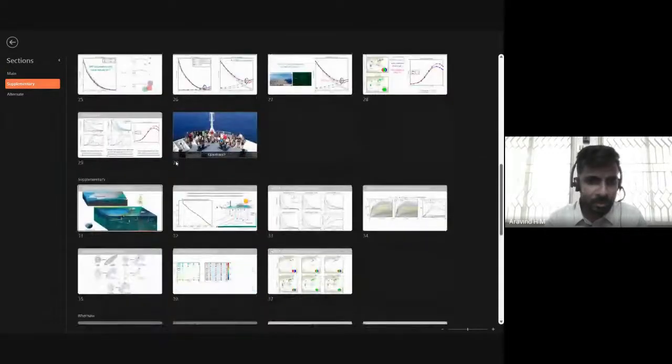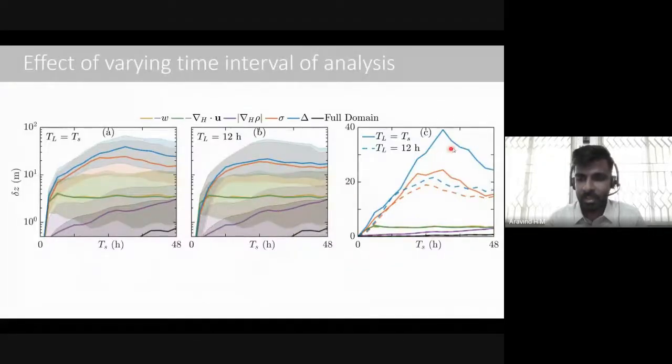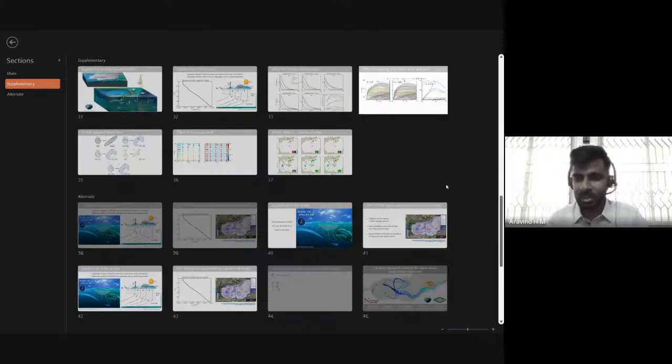Even if I vary the integration times, I still see that the Lagrangian metrics perform better than the Eulerian metrics in this panel C.